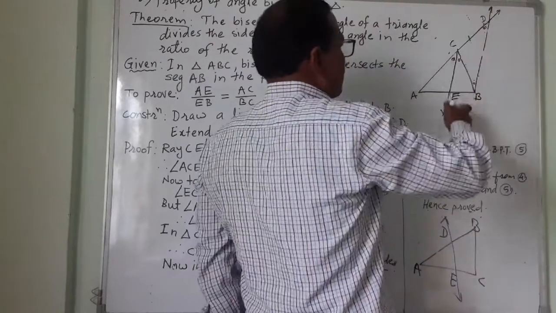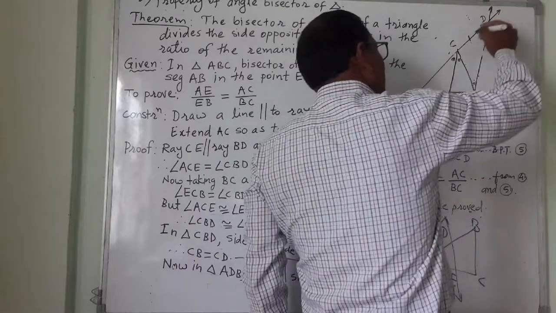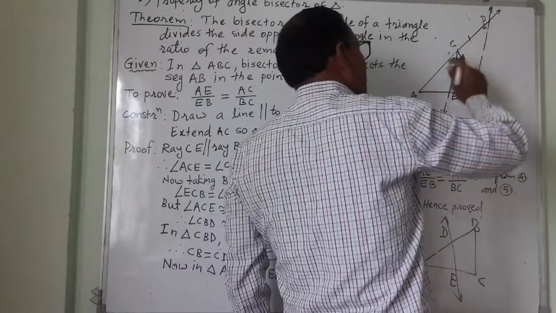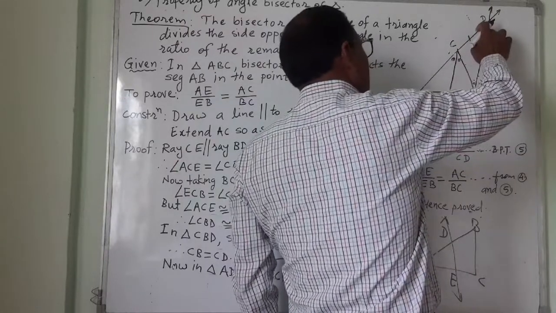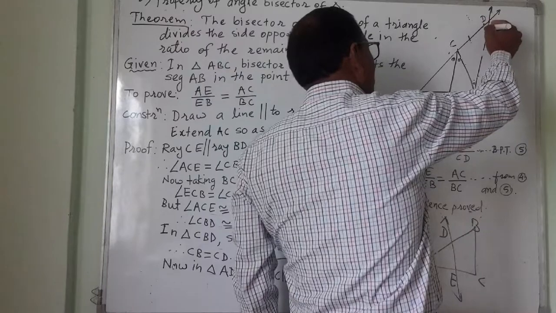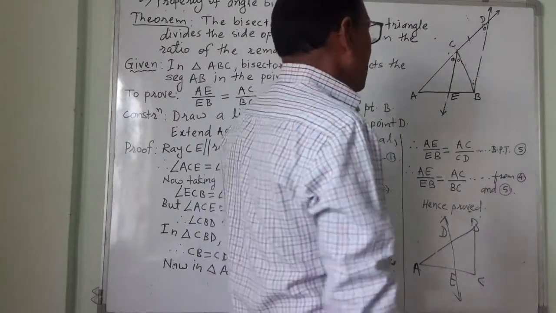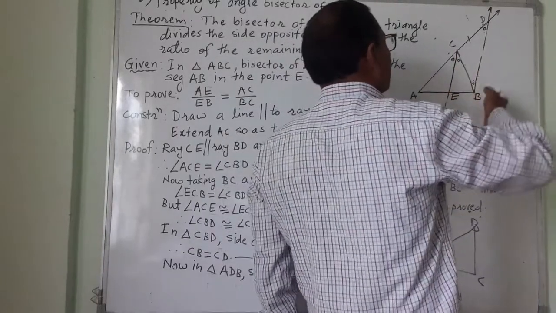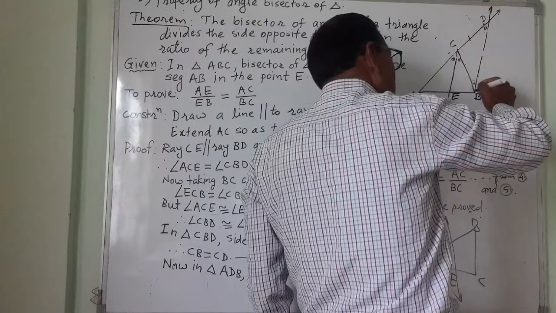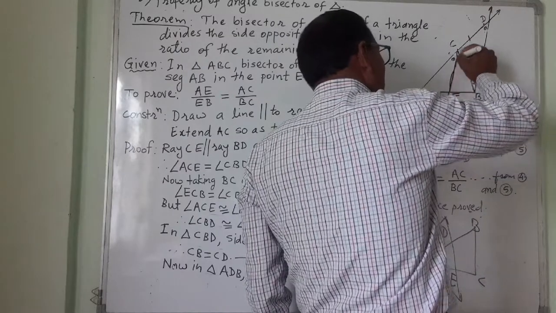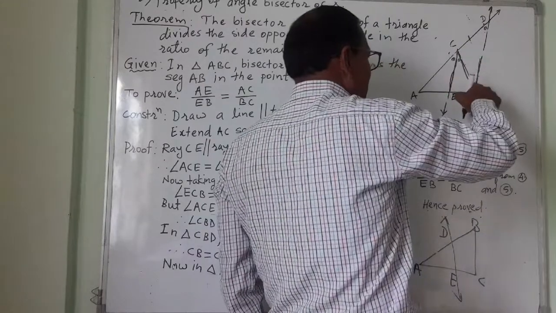Now CE parallel BD. This is the transversal. As this is the transversal, this angle and this angle, they are the same position angles, means the corresponding angles. That's why they will be equal. Corresponding angle test. Now once again, CE is parallel to BD, and this is the transversal, this one. Now as there is the Z formation over here, we can say this angle and this angle is same.